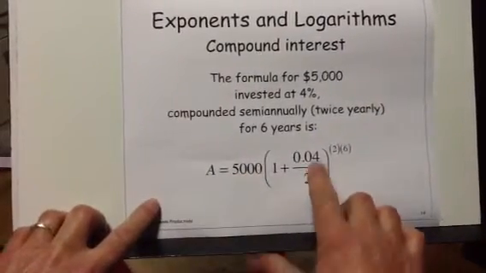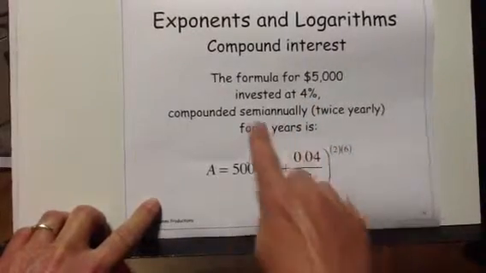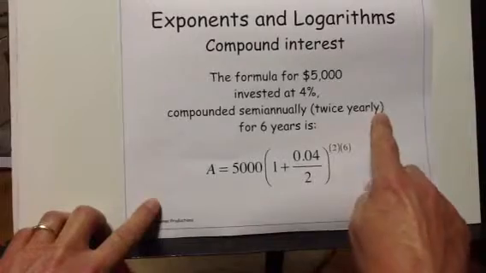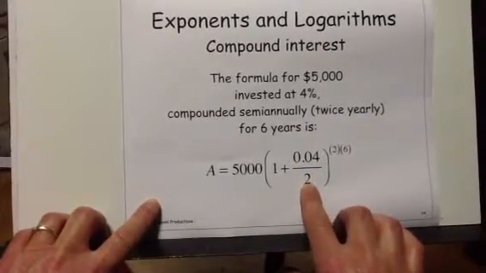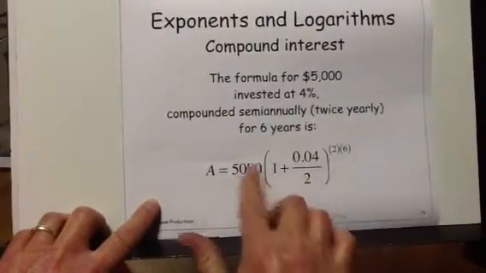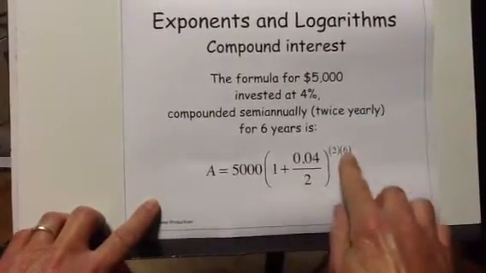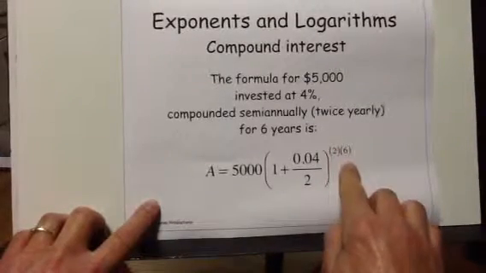The interest rate is 4%, which you must translate to be a decimal. Semi-annually means twice yearly, so we're going to divide that interest rate by 2. Then we're going to add that interest to that amount, 6 years times twice a year, so 12 times altogether.